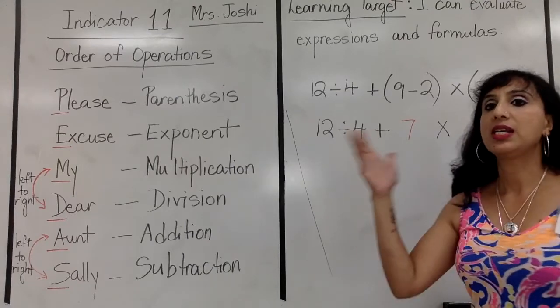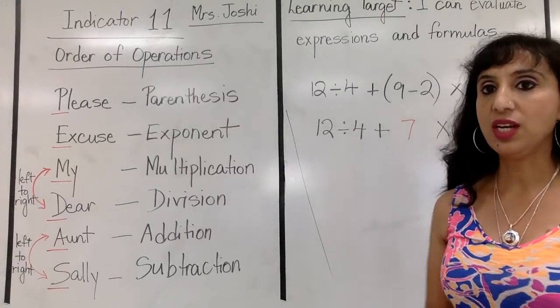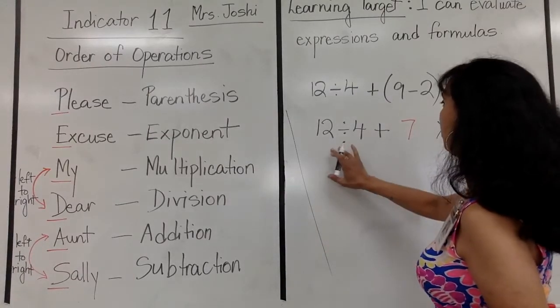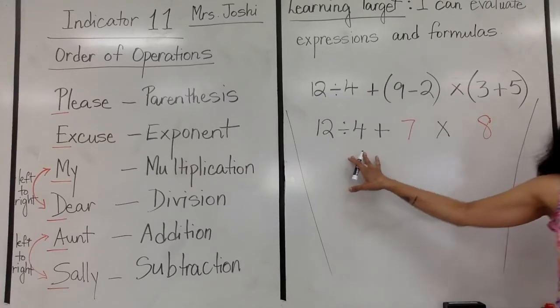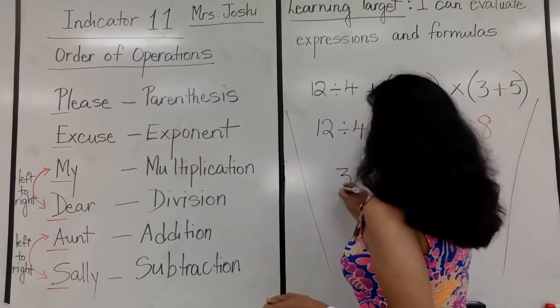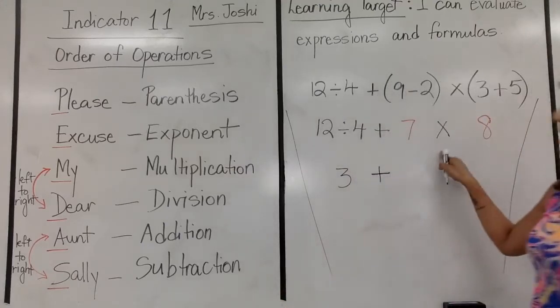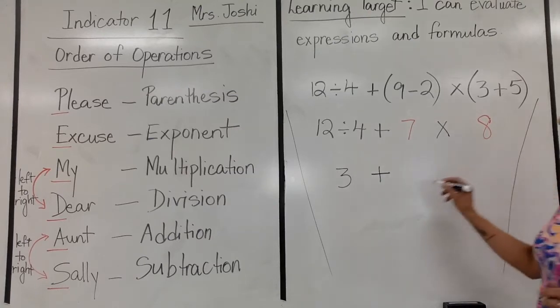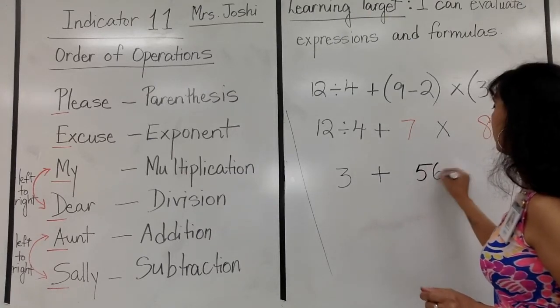Okay, so PEMDAS. Multiplication, division, this is separated by addition, so you know you can do 12 divided by 4, and then in this case we are going to get 3 plus 7 times 8, because that is multiplication, that comes before your addition, which is 56.